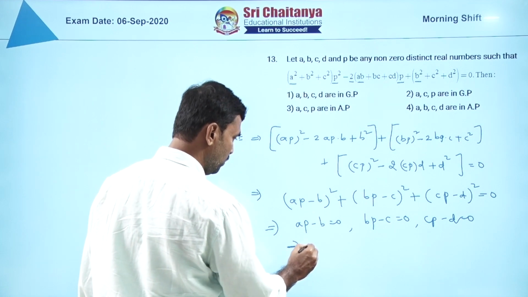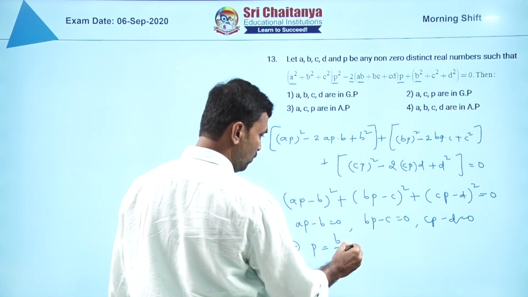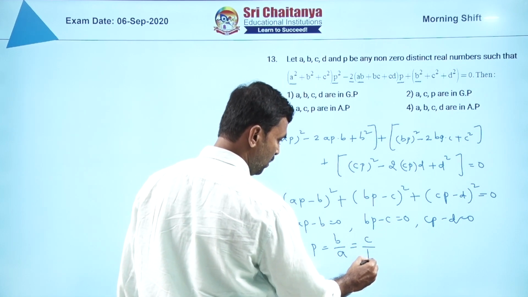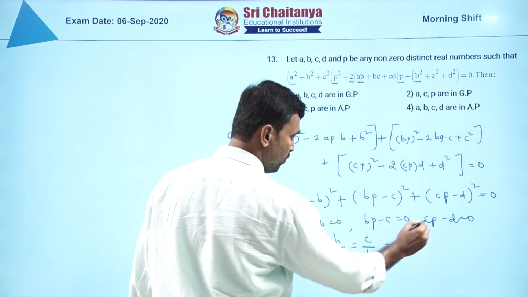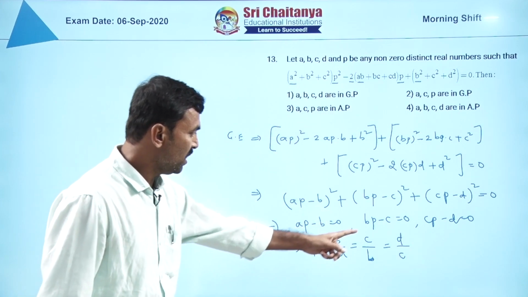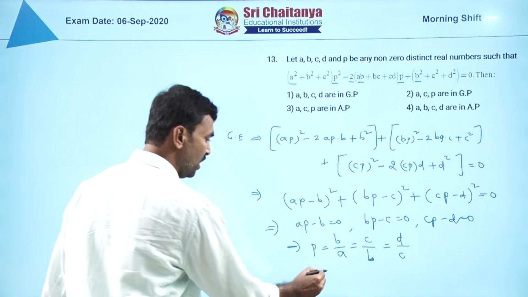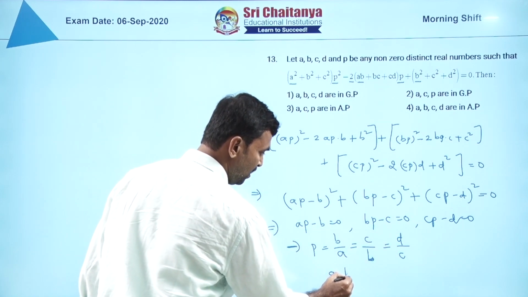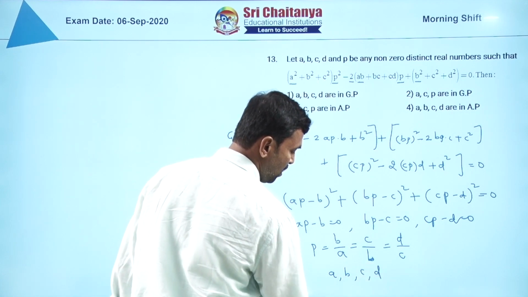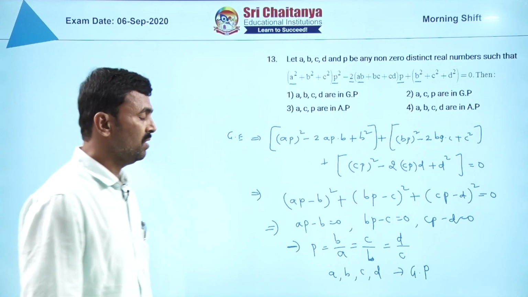This implies P is equal to B by A. From this P is equal to C by B. From this P is equal to D by C. So, B by A equal to C by B equal to D by C means A, B, C, D are in GP because the common ratio is same.